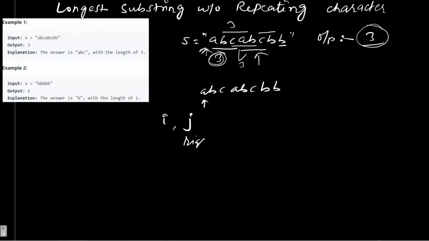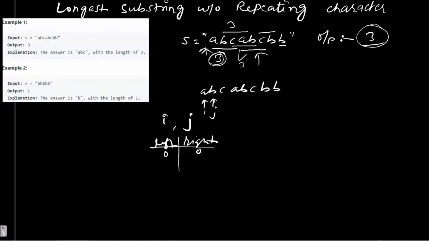This one is right and this is the left one. Let's consider this right one as j and left one as i. At the starting, indexes of both are equal to 0. So we are at index 0 and we'll check is there any repeating character. No, we'll move our right index here. J is here, i is here.